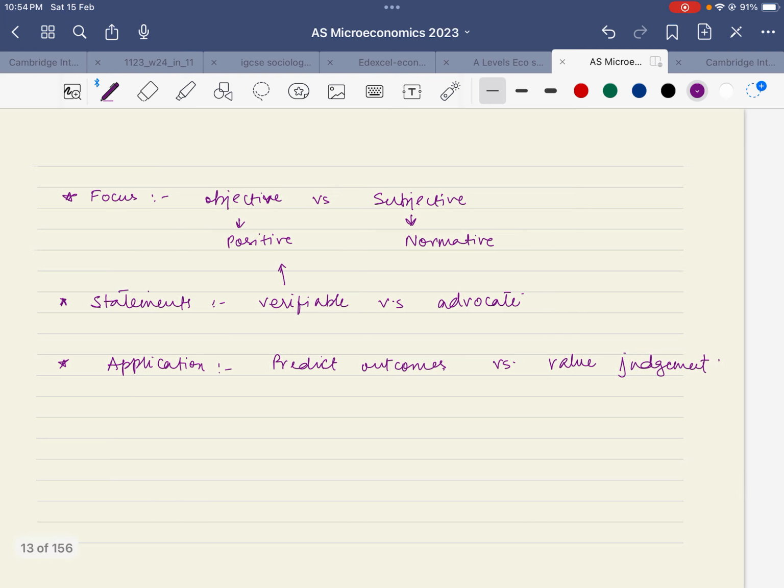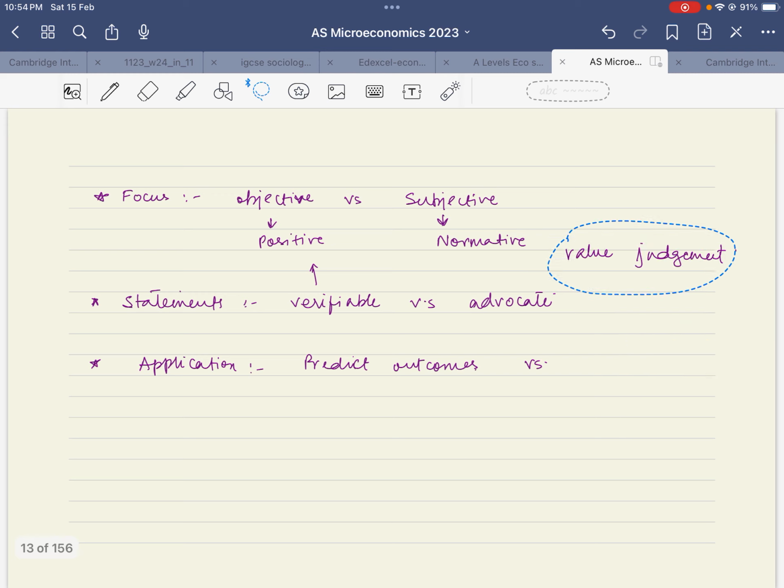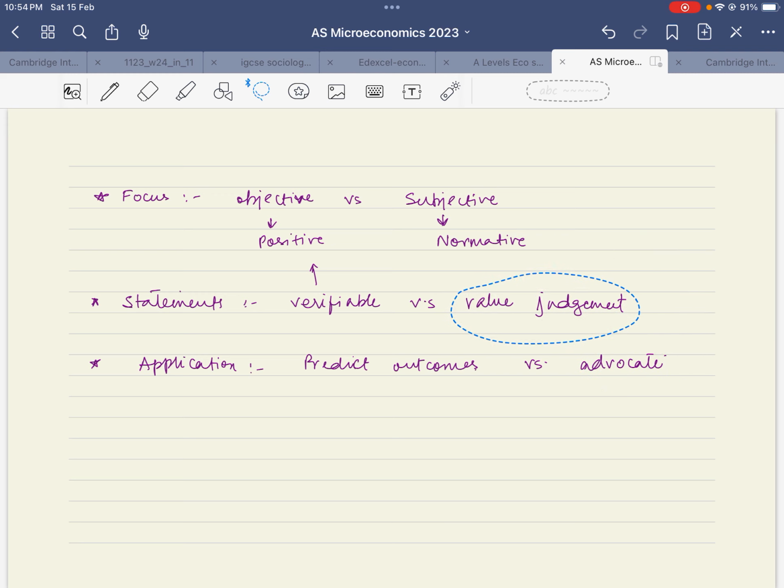I think value judgment will come here and advocate will come here. Yeah. Now, predict outcomes means to understand cause and effect, whereas normative statement can be used to advocate for specific policies or actions based on what can be considered desirable or appropriate.